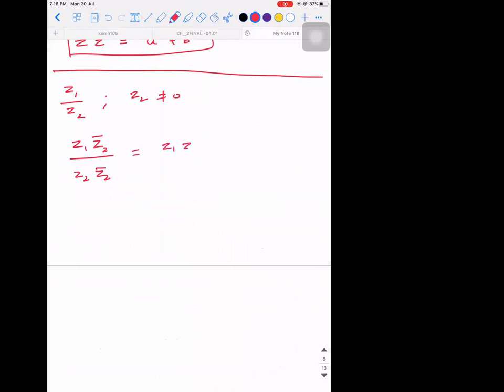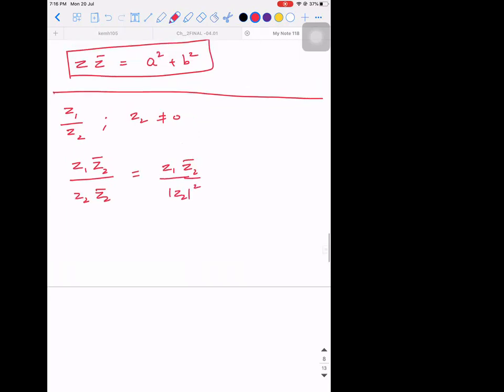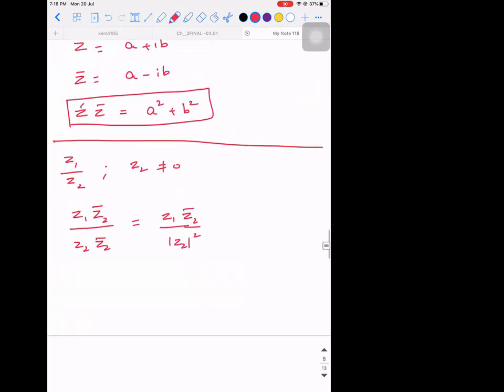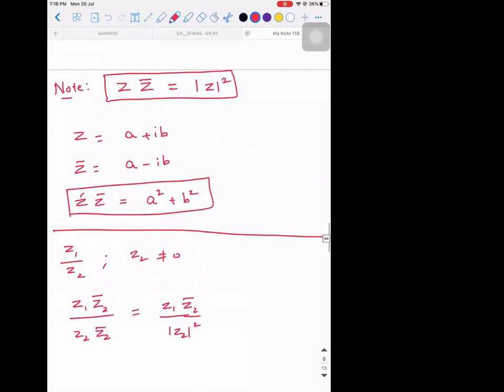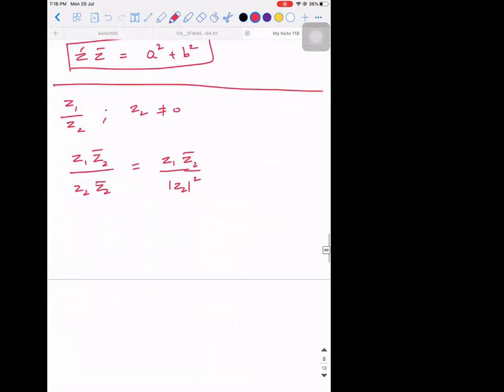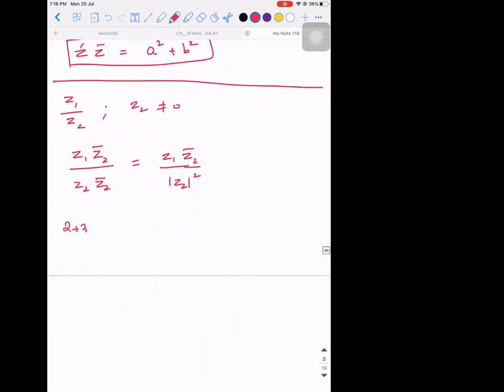So you will have z1 into z2 conjugate divided by mod of z2 square, because I told you z into z conjugate is the modulus of that complex number square. Let me take an example and explain it. If I have 2 plus 3i divided by 3 minus 4i, what should I do?